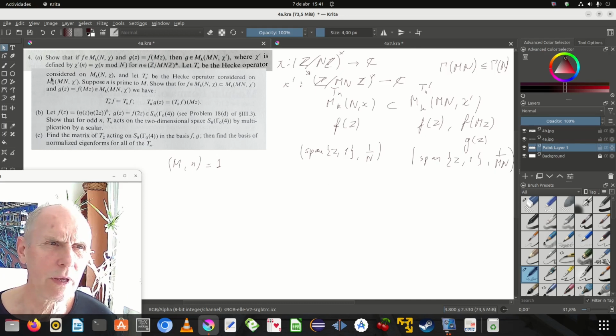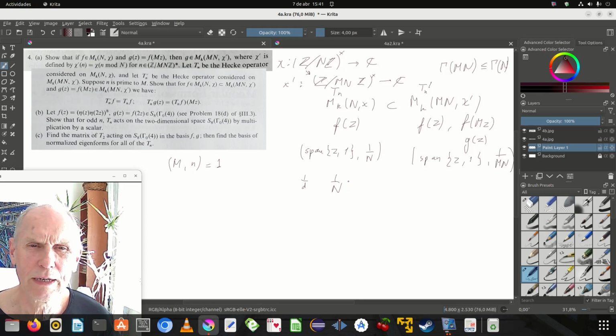So we have some generator 1 divided by d, where 1 divided by n has exact order minuscule n, which of course means that d fails to divide n. Then dm will fail to divide mn.